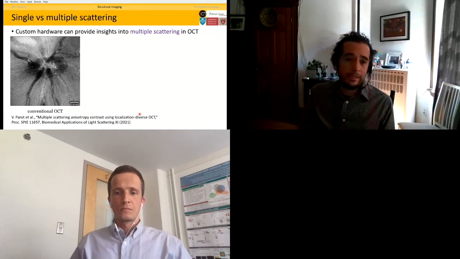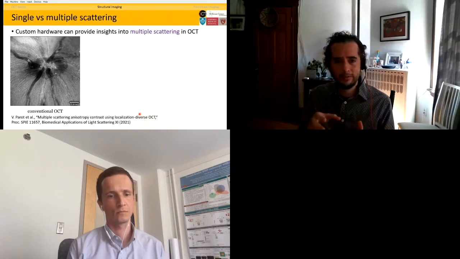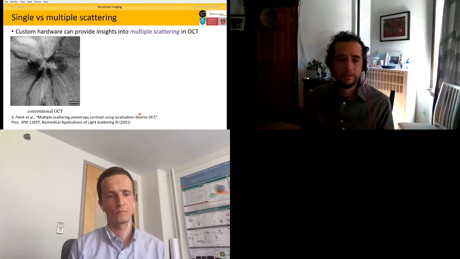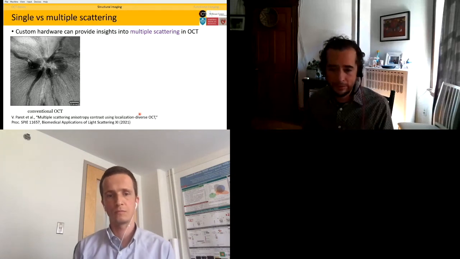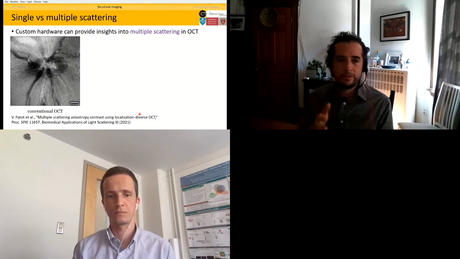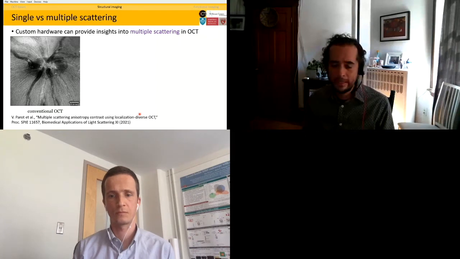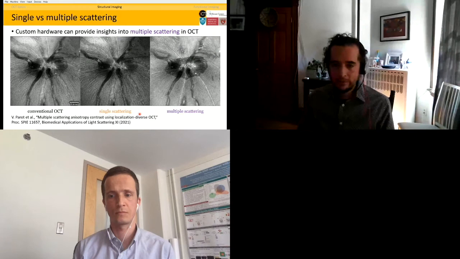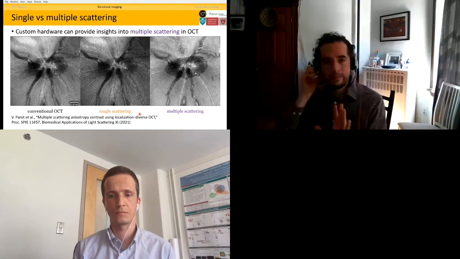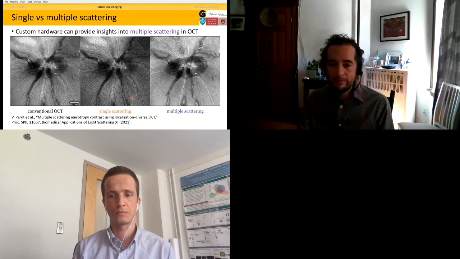So far, really the only way to get some insights into the content of multiple scattering in OCT imaging has been to create custom hardware implementations. In our group, Vicente Paró presented this work at Photonics West this year. He essentially created an OCT system with different illumination and detection paths, similar to speed detection in confocal microscopy. This is excised porcine retina, an en face view.